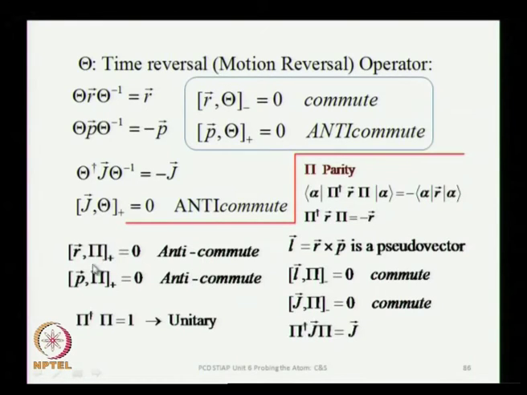So, the parity anti-commutes with both the position and the momentum operator, but it commutes with the angular momentum, whereas the time reversal anti-commutes with the angular momentum, anti-commutes with the linear momentum, but commutes with the position operator. So, these are some of the differences of importance.